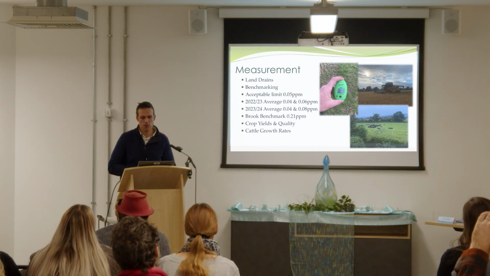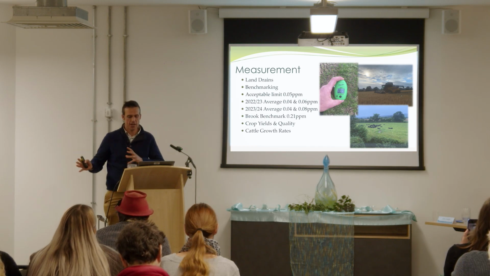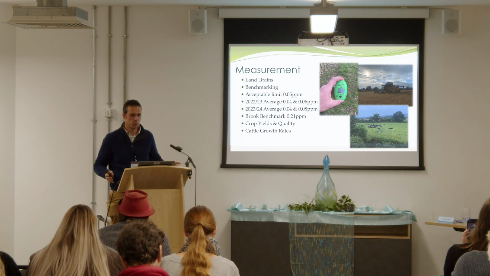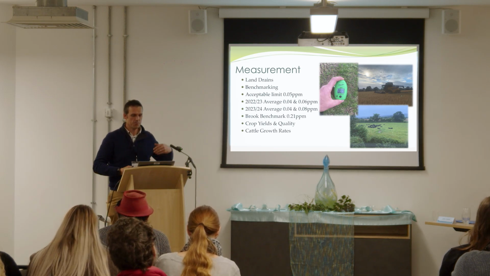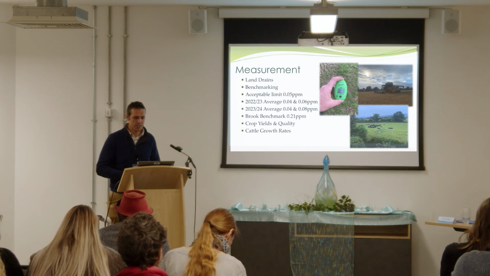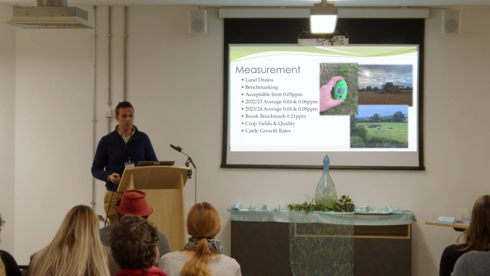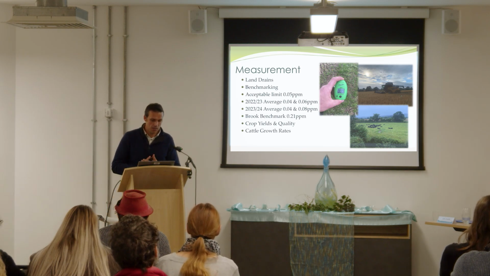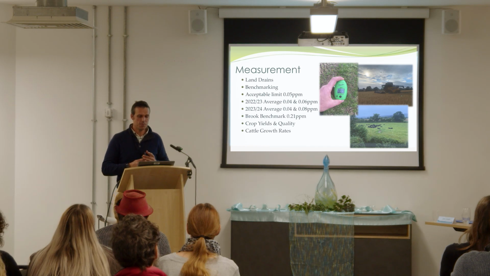We've been measuring land drains and compared grassland to cultivated land. We've looked at different fields that have had different aspects done to them. Some have had farmyard manure, some haven't. We're trying to see if what we're doing is working, and if it isn't, what we've got to change. The acceptable limit in the Wye is 0.05 parts per million of phosphate.